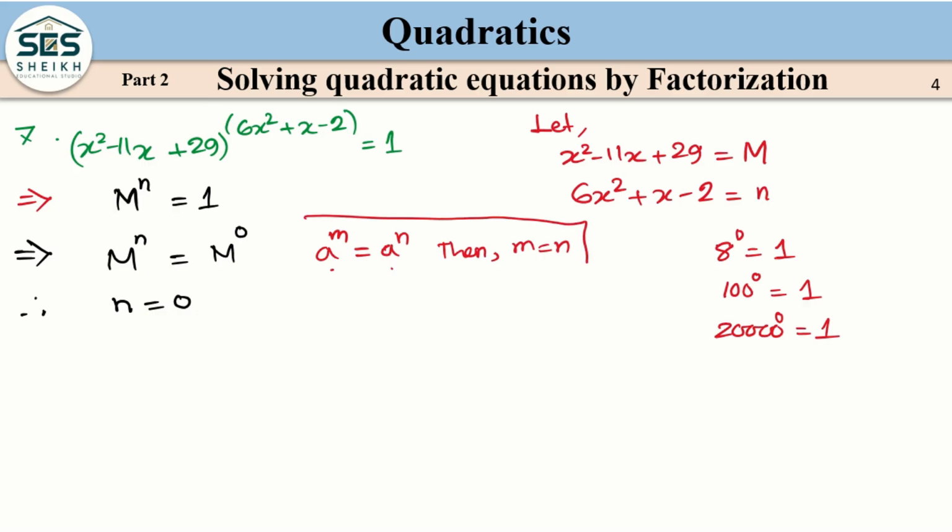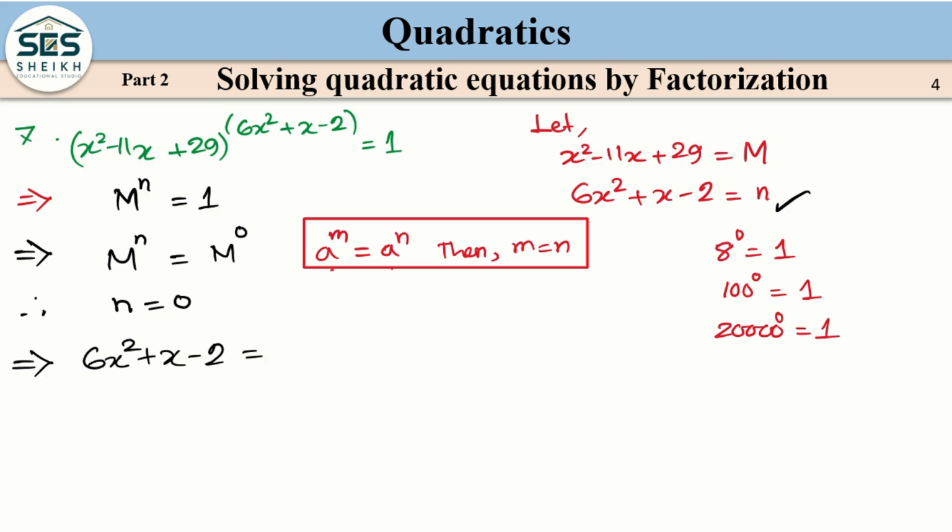So this was the concept that I used previously, and I'm using it now as well. So what was our n? Our n was this one: 6x squared plus x minus 2 equals 0. So what about m? We don't need m anymore. So now we can freely compare it with our format.